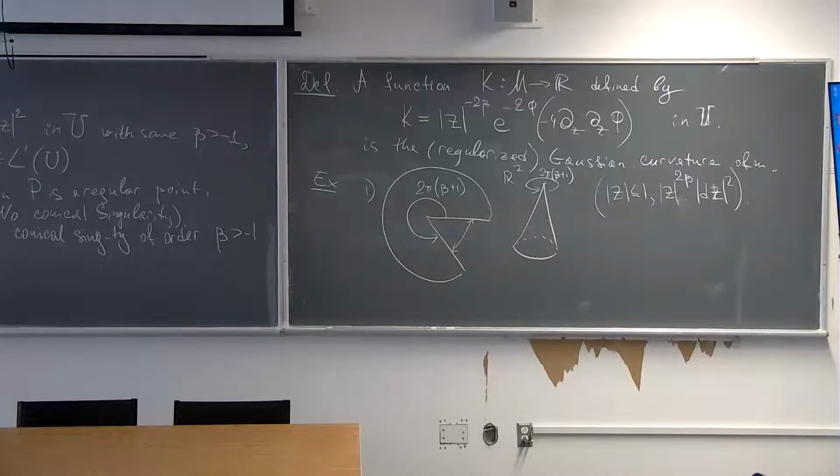So second one, let's now consider this metric. So M is absolute value of z to the power 2 beta, then e to the power 2 phi, and then this. And here, this phi is the following function of z.